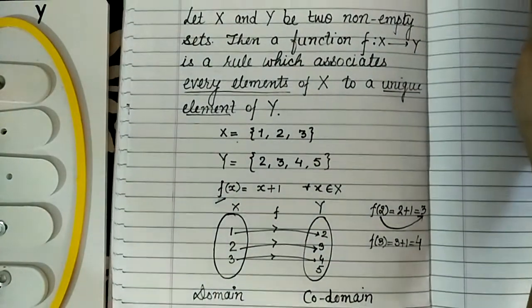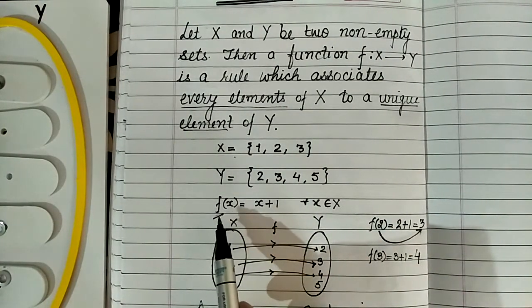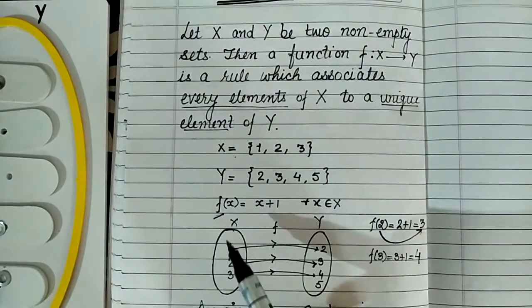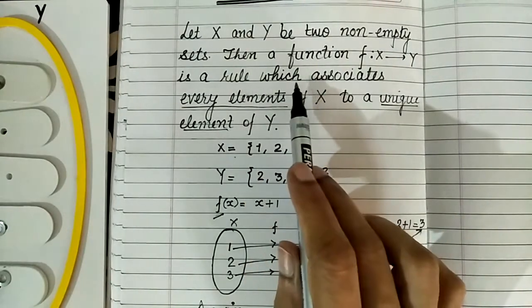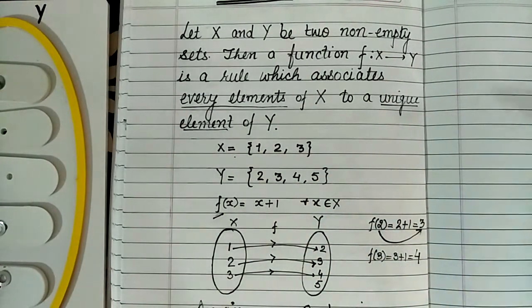Now come to the definition. For this to be a function, first of all we must have two non-empty sets. That is okay, we are having two non-empty sets. And we will check whether this rule is associating every element of x to a unique element of y or not.